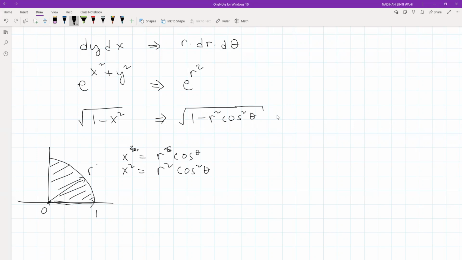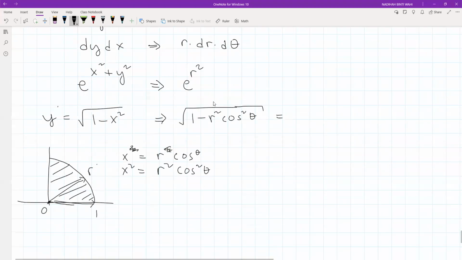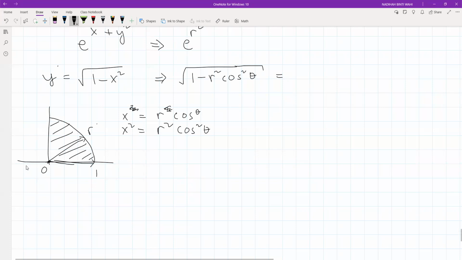So this function is equal to y, because this one is for y from 0 to this function. So y from 0, and then y until this function.